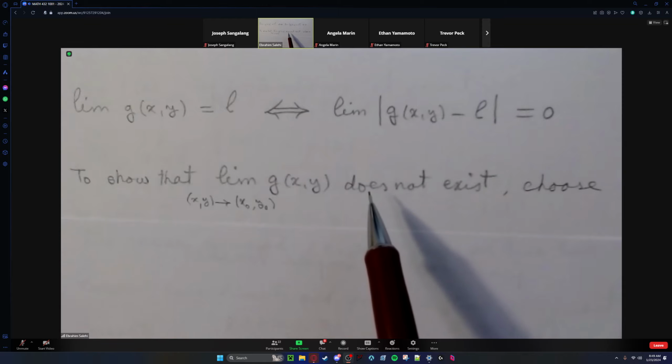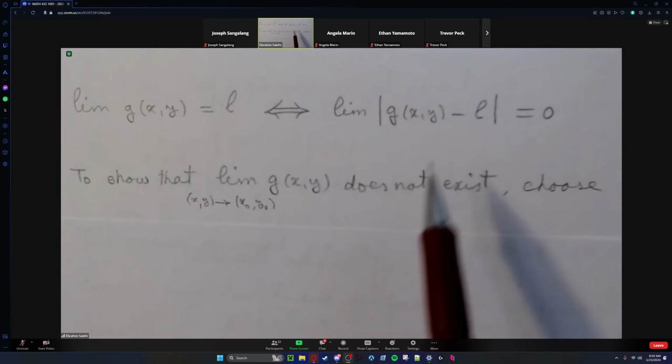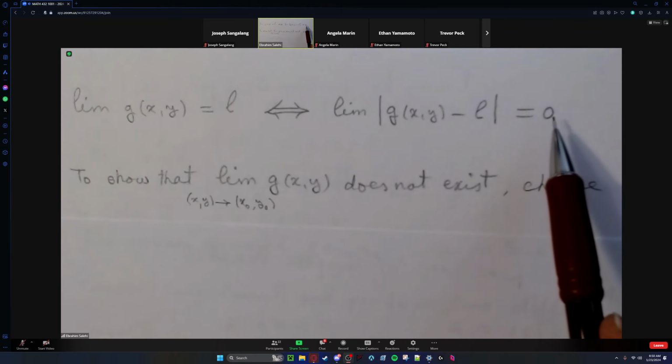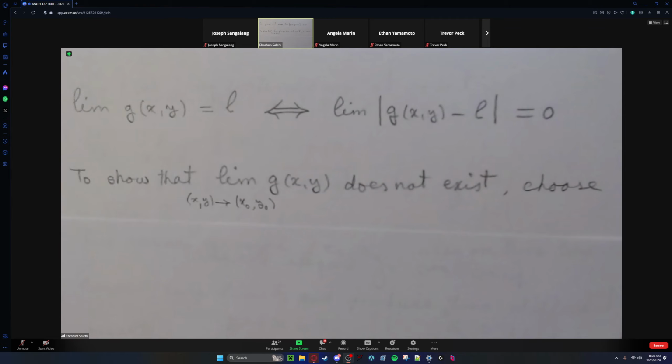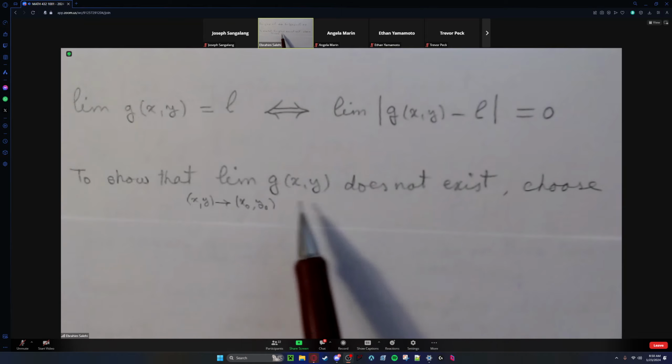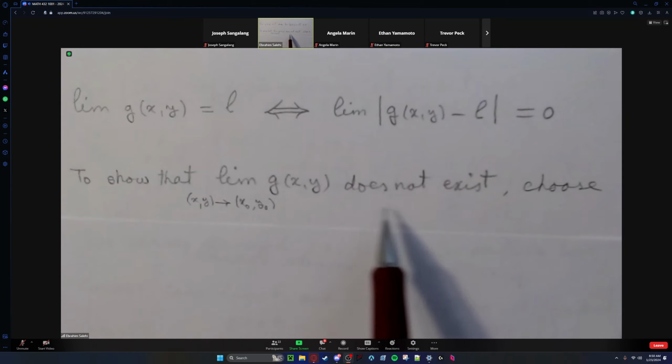But you try to do this, you try to show that this limit is 0, but somehow you cannot. Then you suspect that maybe the limit does not exist. All right, then you want to prove that this limit does not exist. So how do we prove that the limit does not exist?